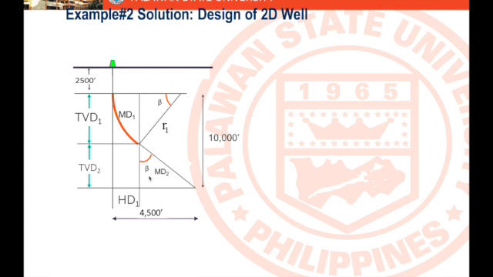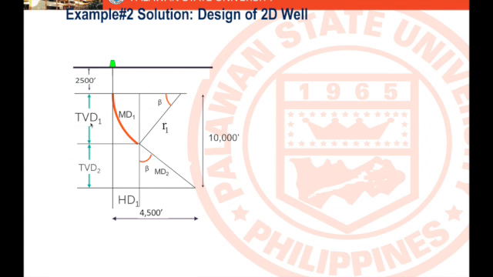And it so happens that this beta angle, the same angle of the arc of your build section, is the maximum inclination, as you can see here. Right? That's the maximum inclination of the tangent section or of this particular well that we are designing.